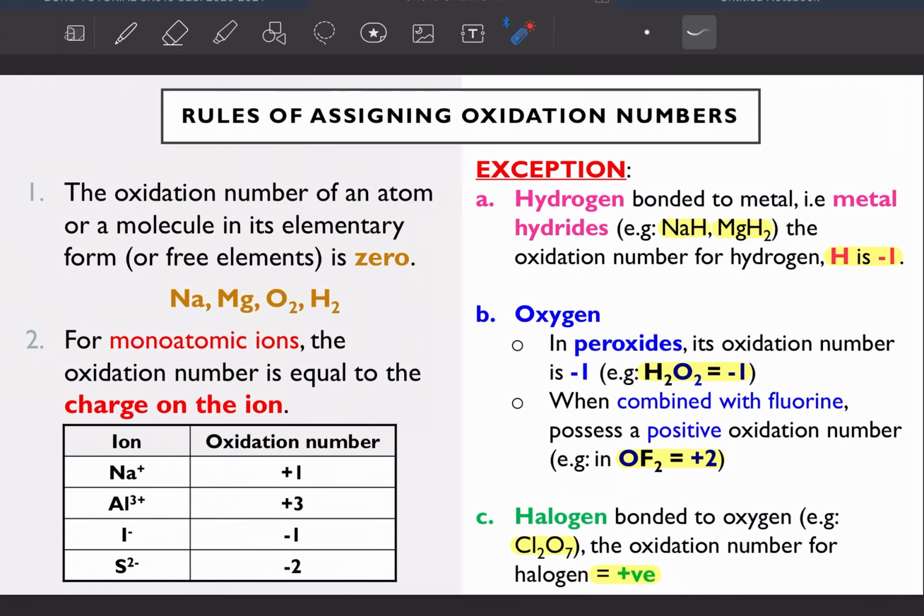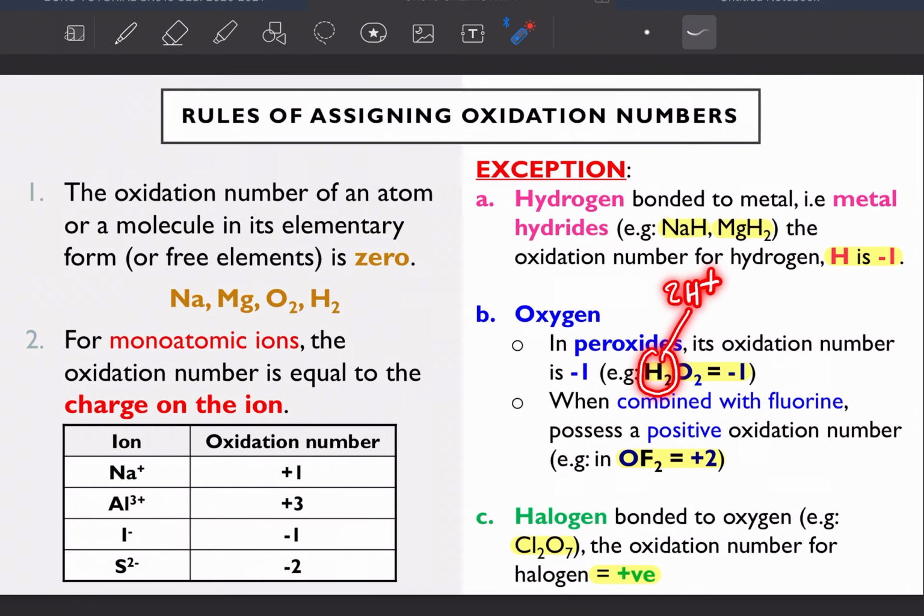Okay, next for oxygen. Okay, oxygen in peroxides. So peroxides are your toxic substances. Okay, dia ada banyak oxygen. So the oxidation number for oxygen will be -1 in this case. Okay, so in this case your hydrogen ni akan jadi 2H+.